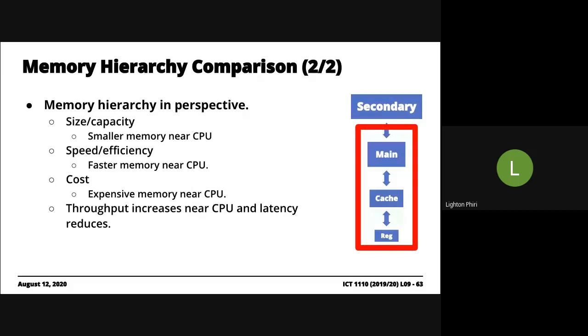The behavior is almost always such that as you move closer to the CPU, you tend to spend more money. The components are much faster. They are also much smaller. They are much faster because you want them to operate at least at the same speed as the CPU, or at a speed that is as close as possible to the CPU.